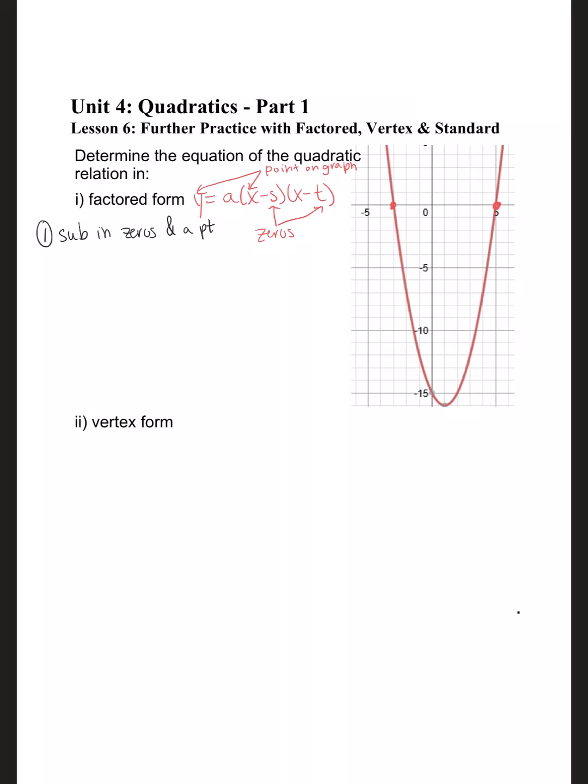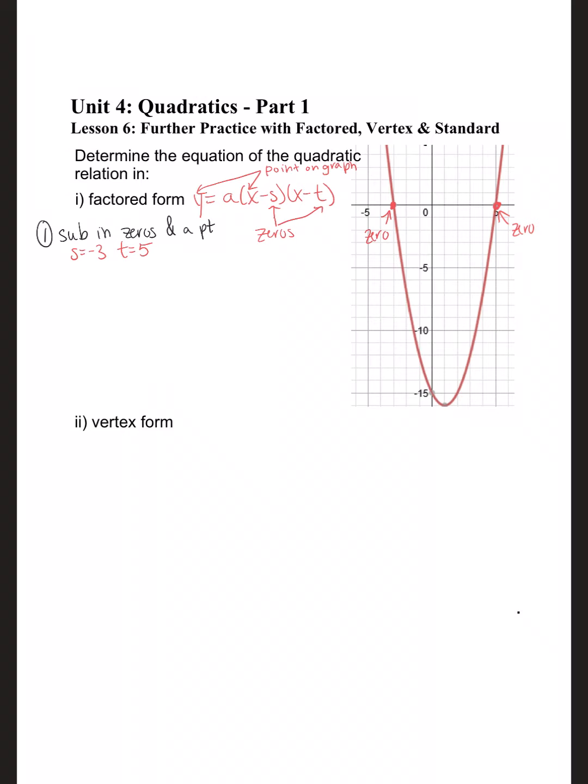Okay, so if we look at our graph, we have our zeros here. So those are our zeros. We can represent those with s and t. So one of my zeros is at -3, and my other zero is at +5. And then we can also figure out a point that's on the graph.